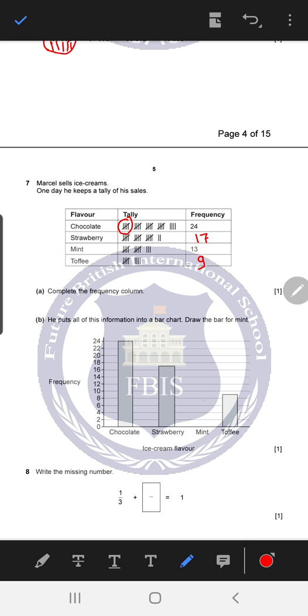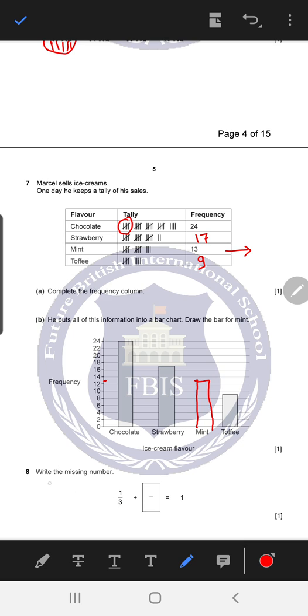We need to draw the mint. It's 13. So we will go up. 13 will be in the middle between 12 and 14. It will be here. So we will go up like this. This will be the answer. And again, you should use your ruler to draw.